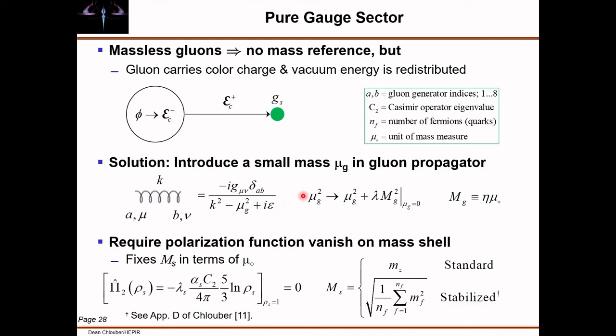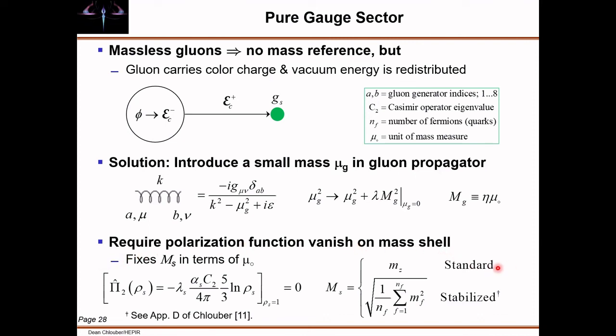Then mu sub g becomes dressed with vacuum energy in the near field amplitudes. And we can define the gluon self-energy as our scaling factor, eta, times mu naught, an arbitrary unit of mass measure. Then if we require the polarization function to vanish on the mass shell, similarly to the photon self-energy in QED, then this fixes m sub s in terms of mu naught.